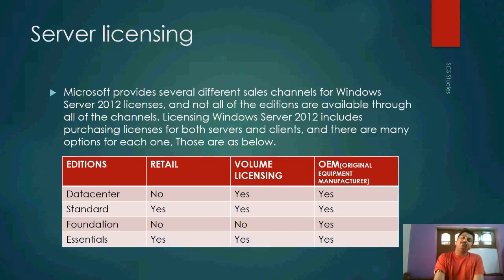If you have a legitimate demand to enable your Data Center edition on that particular hardware, you can get it. Or Microsoft is the OEM for this particular software, and you can directly get it from Microsoft as well.